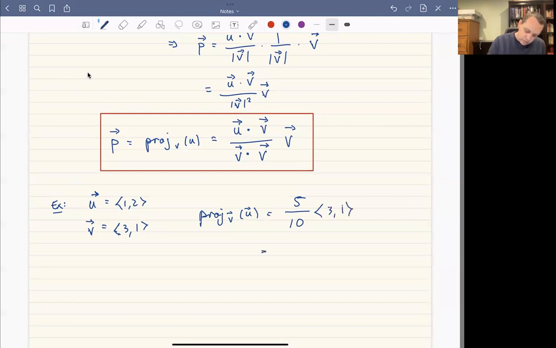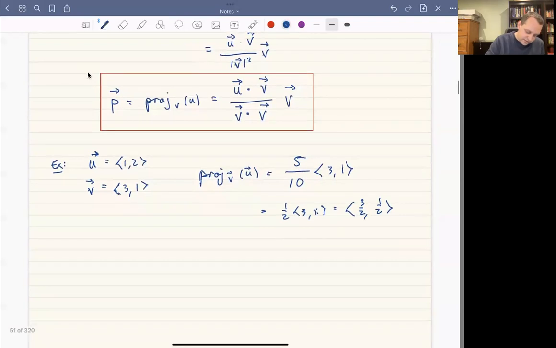So that's going to be 1/2 of 3, 1, which is 3/2 times 1/2. And so what this tells us is that if I take the vector 1, 2, so here's our vector U, and then our vector V is the vector 3, 1, and then I take the projection, it will be this vector, and that looks about right, 3/2, 1/2.